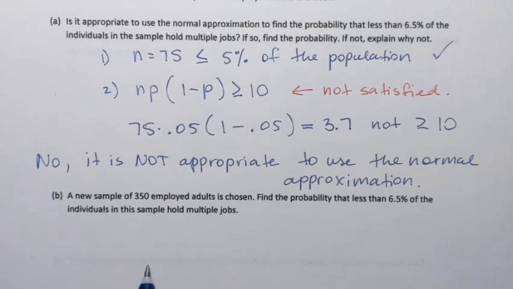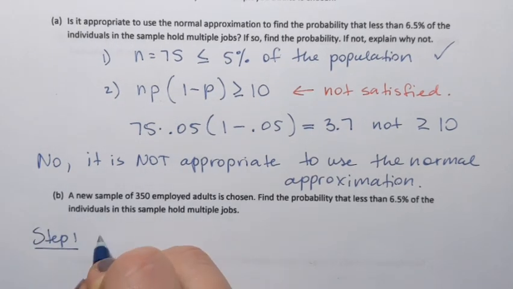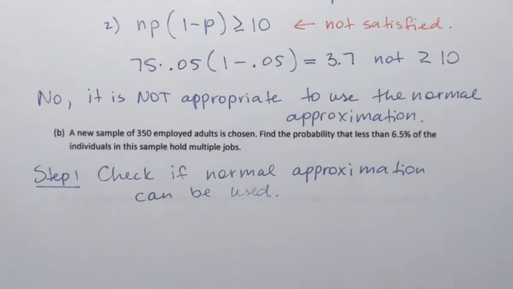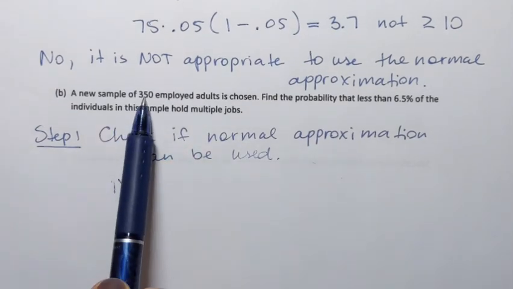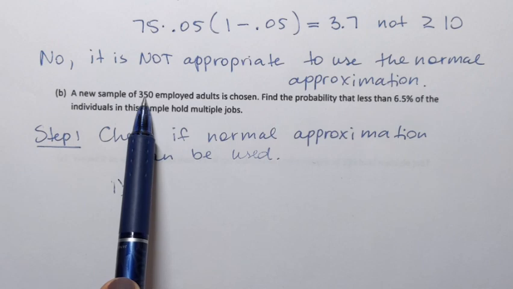Let's check if we can use normal approximation in this case. So step one, check if normal approximation can be used. So for that we have to confirm that sample size is less than or equal to 5% of the population.